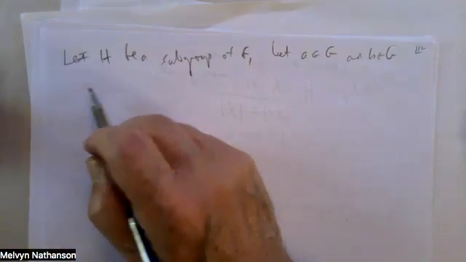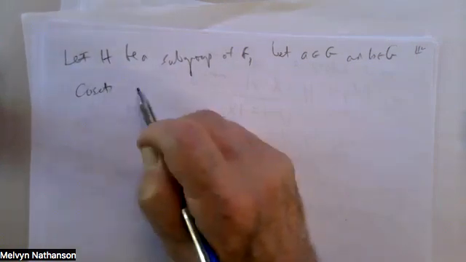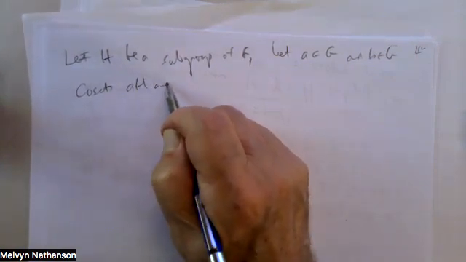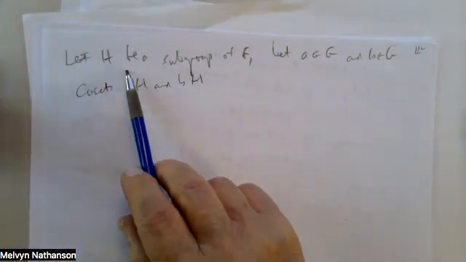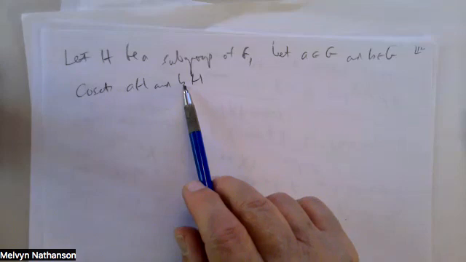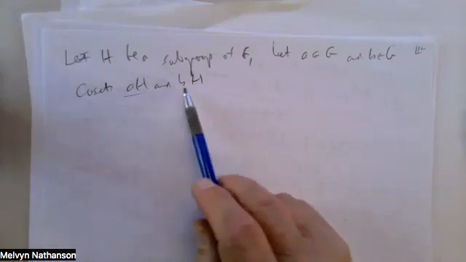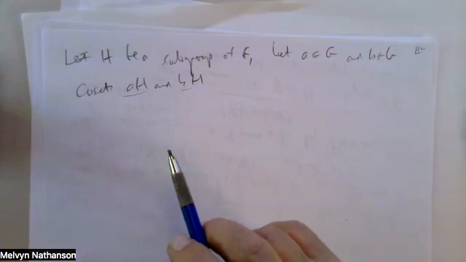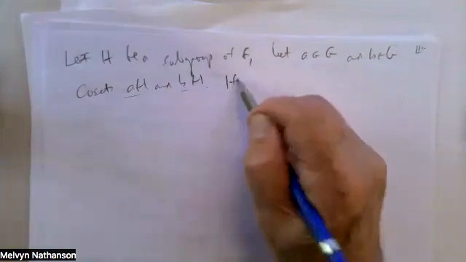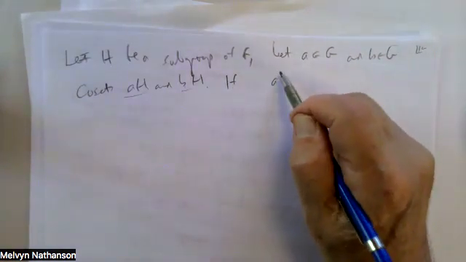So consider the cosets AH and BH. So I have a subgroup H and elements A and B, and I multiply the elements of H by A and by B respectively, and I get these two different cosets. Suppose they have an element in common.